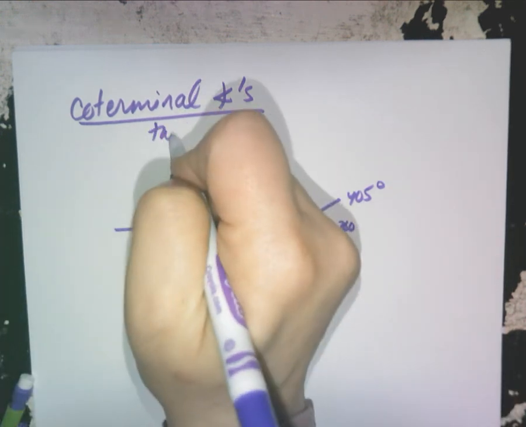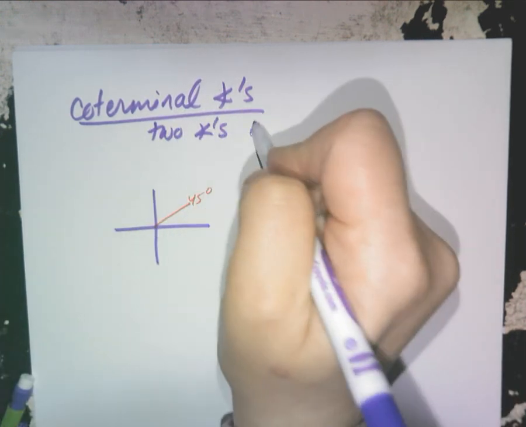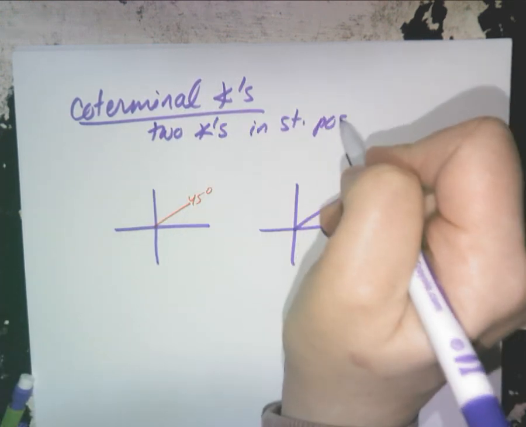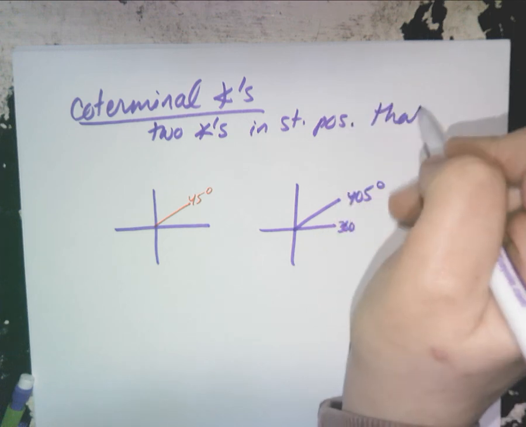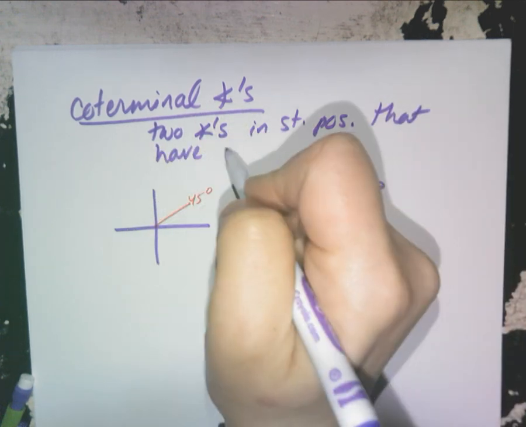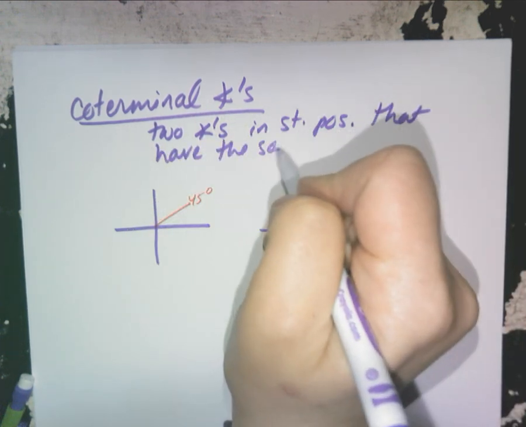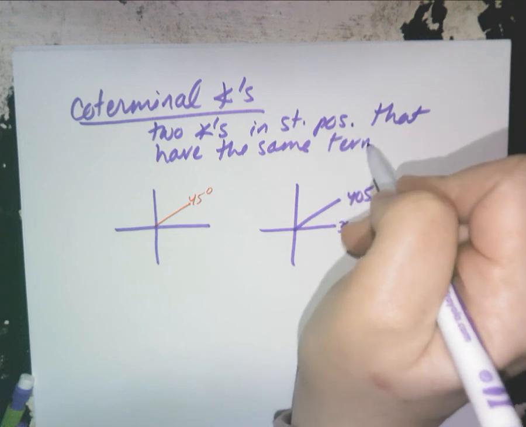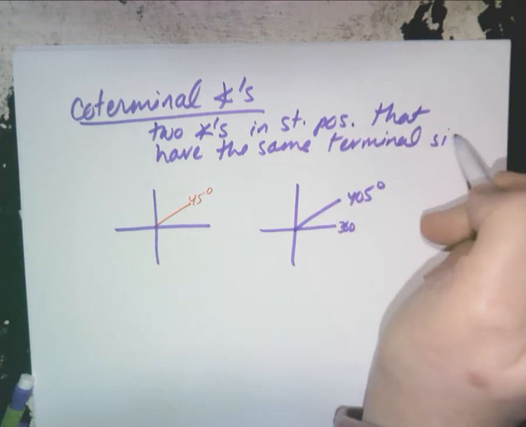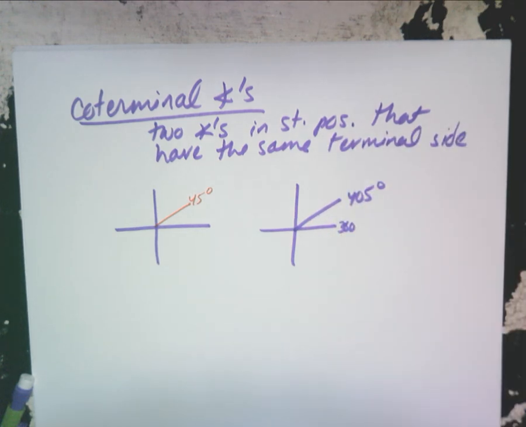Two angles in standard position that have the same terminal side. So on tonight's homework, I'm going to ask you to find me coterminal angles, two of them, one that's positive and one that's negative.